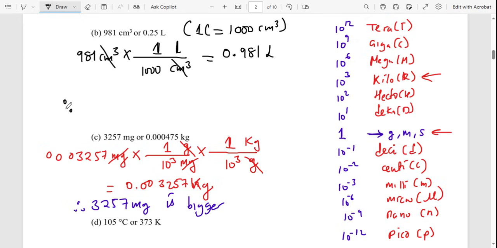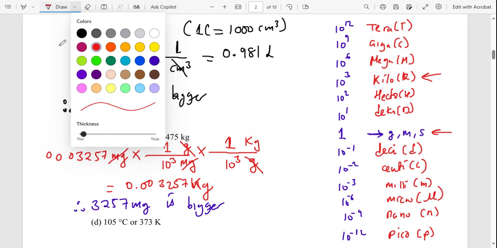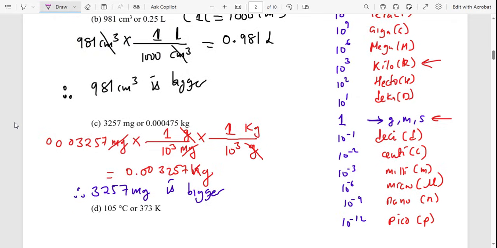So this tells you that 981 cubic centimeters is the one that is bigger, because 0.98 is bigger than 0.25. Does that make sense? Is that okay? Very good. In case you are not fine, feel free to ask.